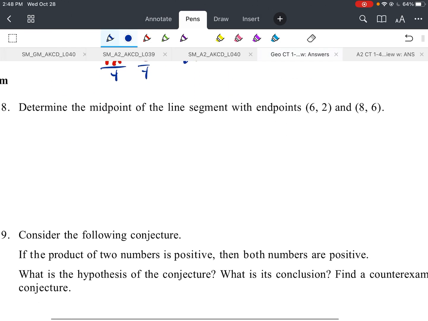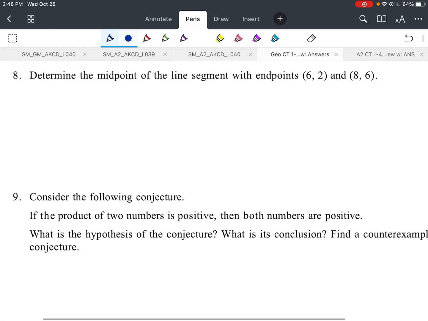All right, number 8. Let's find the midpoint of a line segment with these points. Now, midpoint is easy, okay? You're going to average the x's, average the y's. What does it mean to average two numbers? Add them up and divide by 2. So there's your x value.